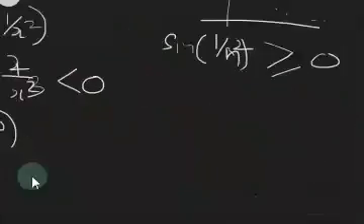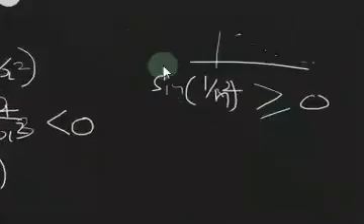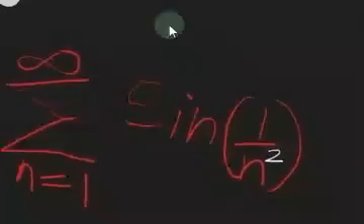Therefore this is non-negative for all n, right? So we can use the limit comparison test to evaluate the convergence of this series, right?